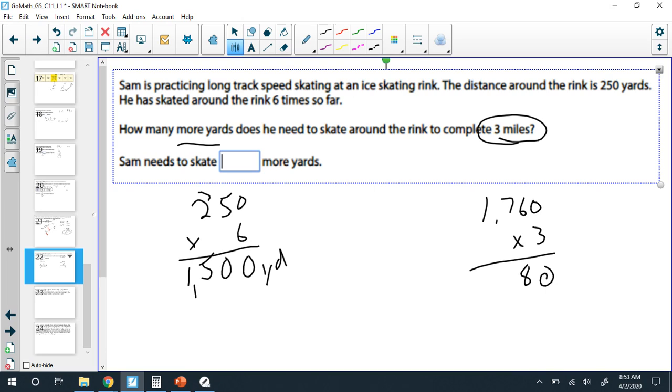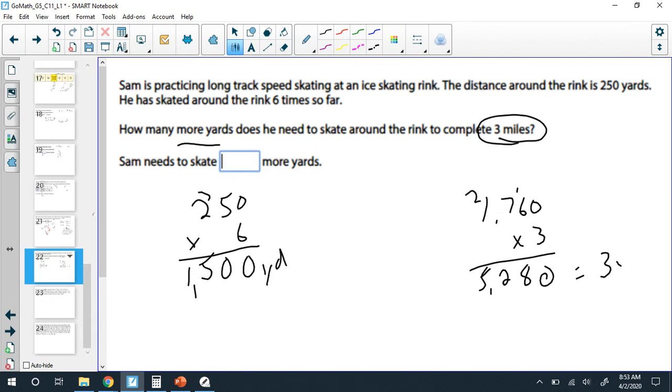That's 0, 18, 22, and 5. So 3 miles equals 5,280 yards. I've already seen that Sam has skated 1,500 yards. So to figure out how much more he has left, all I need to do is subtract.